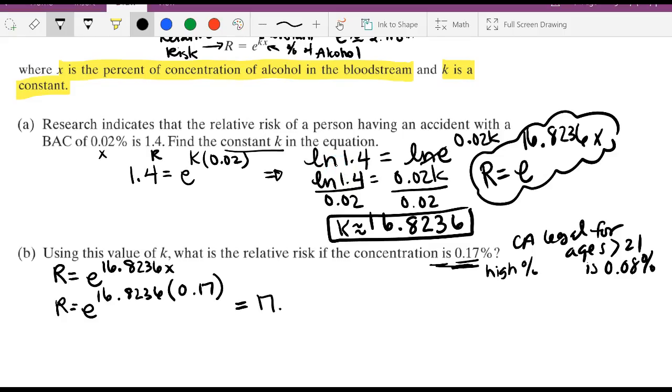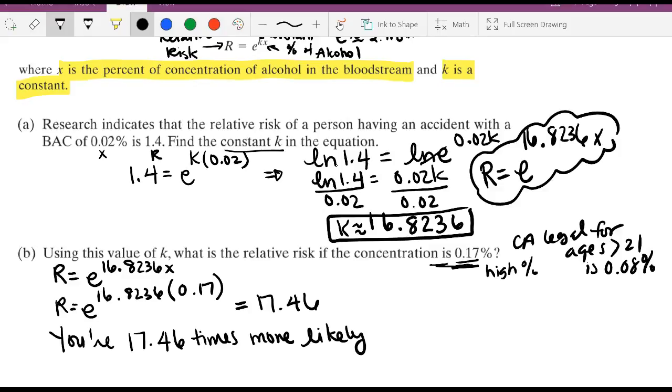So you are 17.46 times more likely to get into an accident.